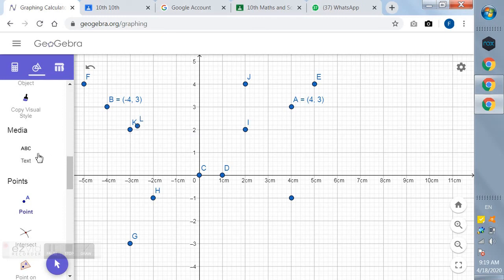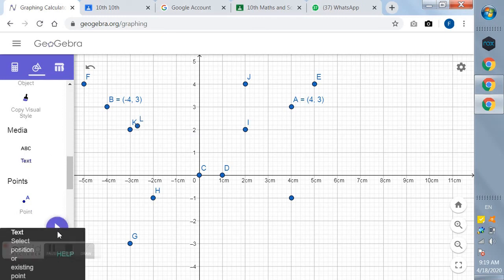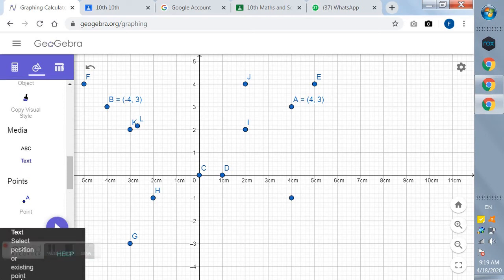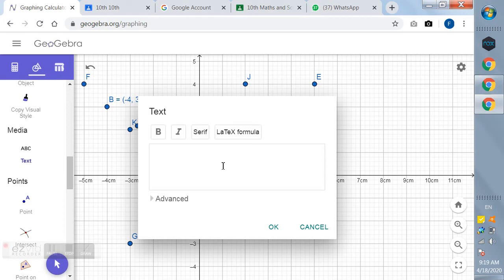So K's value will be, okay, value of K is -4 and +2.